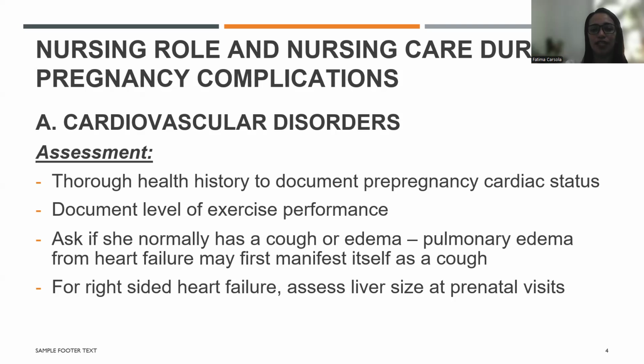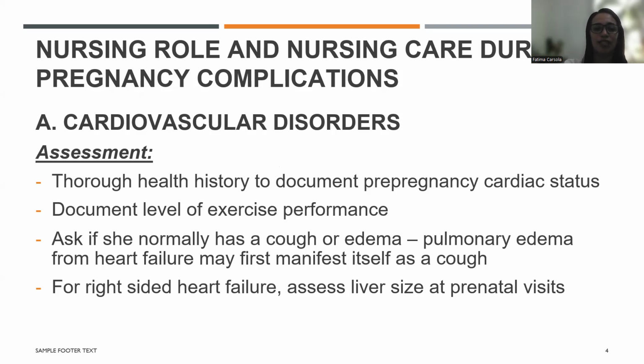Assess liver size at prenatal visits, because there could be a complication to the liver. Aside from assessing, the doctor may order ultrasounds to check the liver, because a problem with the liver could lead to gestational hypertension and HELLP syndrome, or hemolysis, elevated liver enzymes, and low platelets.